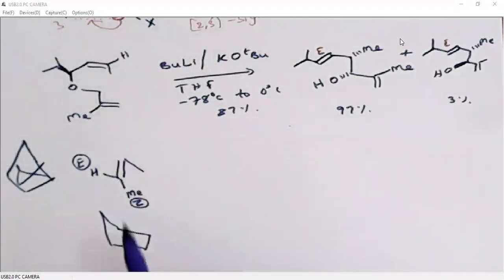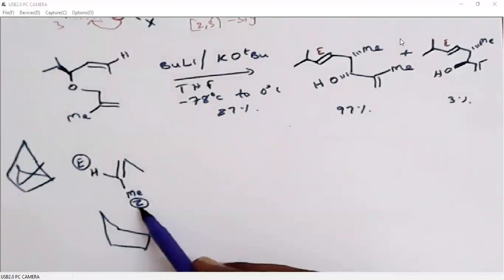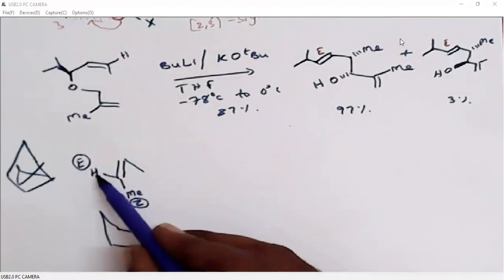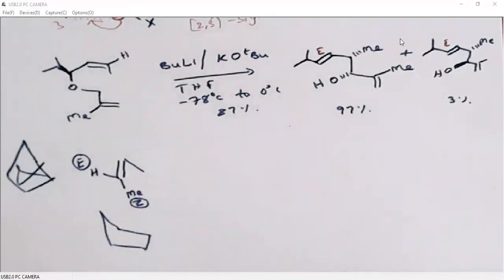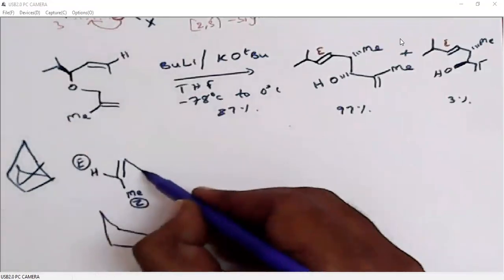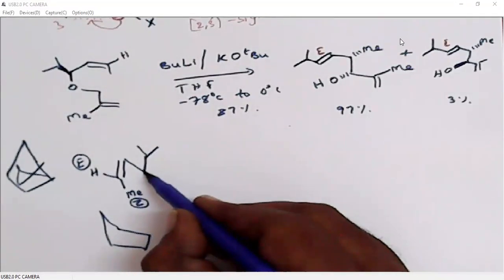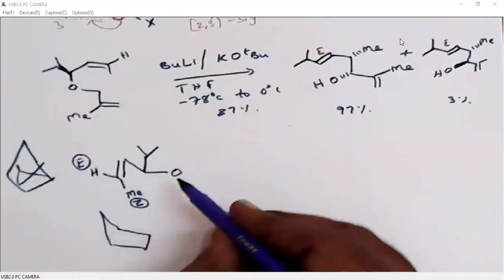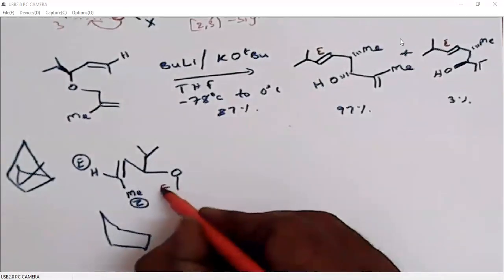So when we are writing the substituents on the double bond, the Z group must be given below the plane, and the E group must be given above the plane, according to the stereochemistry of this double bond. Then we have this carbon, and on the carbon we have the isopropyl group above the plane. Then we have oxygen, and also we have this negative charge on this carbon.